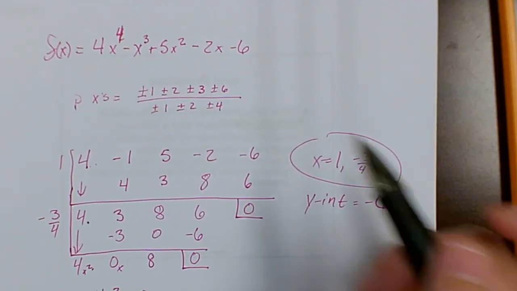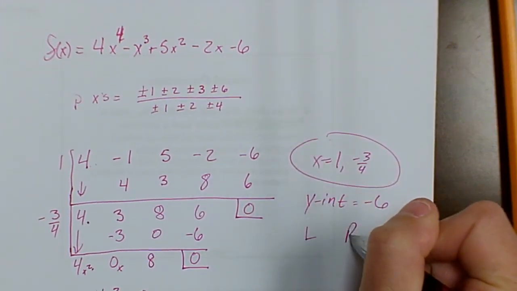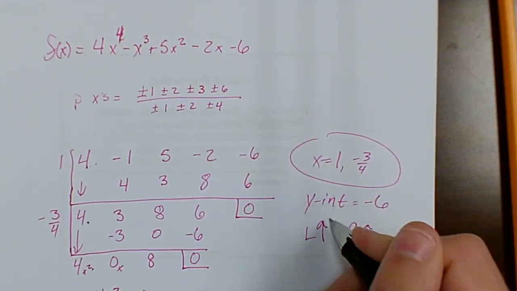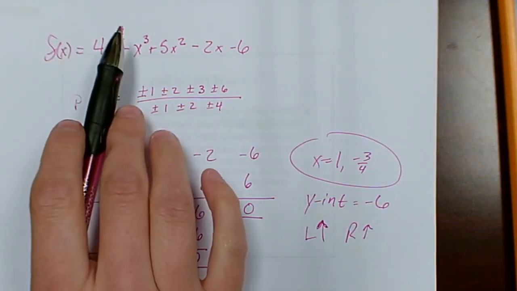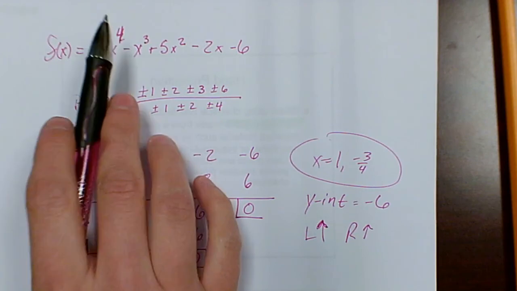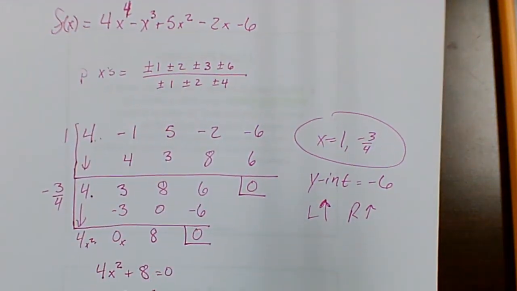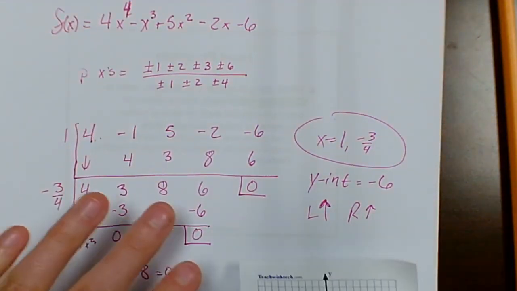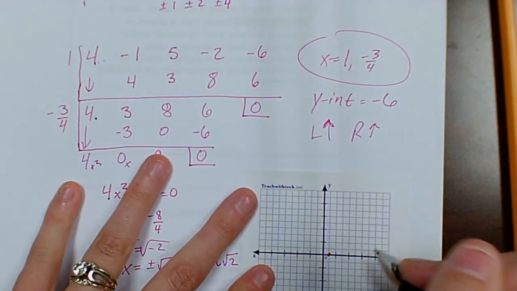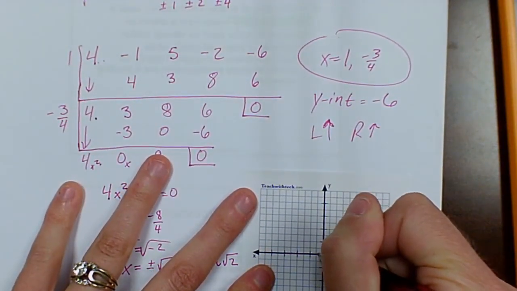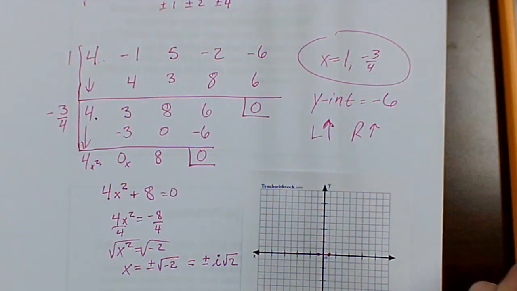Oops, it's -6. Our left and right are both going to go up. We have positive, so the right's going to go up, even exponent, so our left's going to go up. So let's graph this. So we have 1 and -3/4, which is really close to -1.